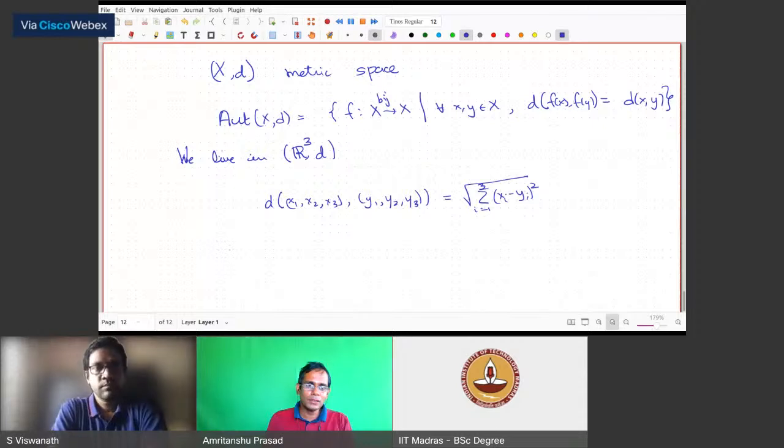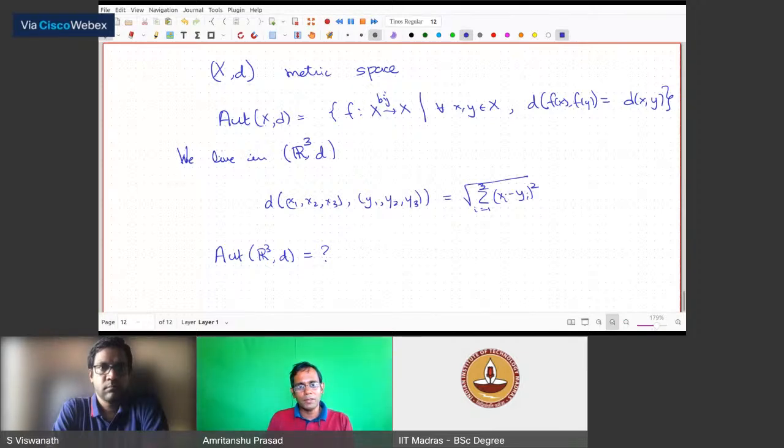And you can ask, what is this group? This is a very important group in physics. It's the group of rigid motions. Every automorphism is of the form rotation and a translation.